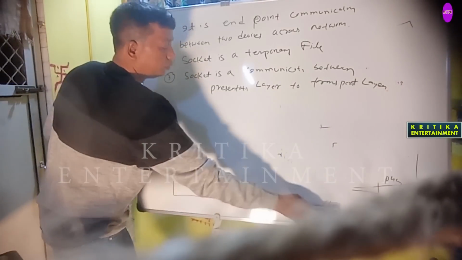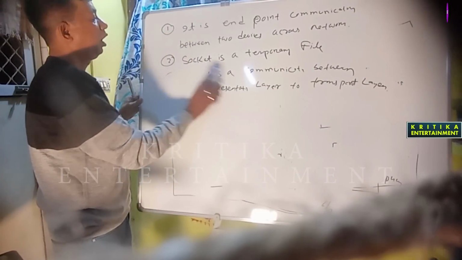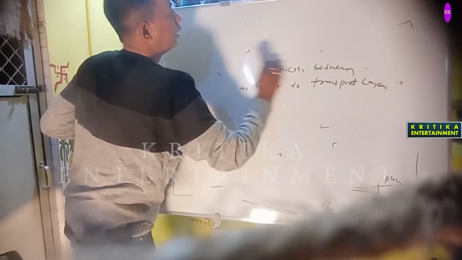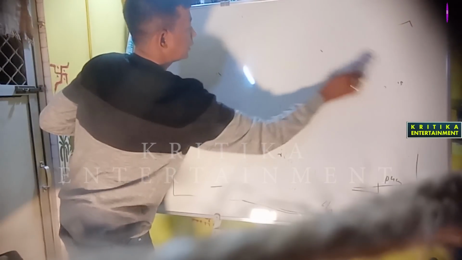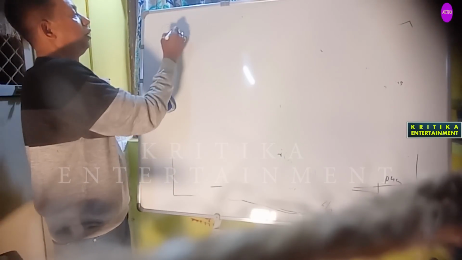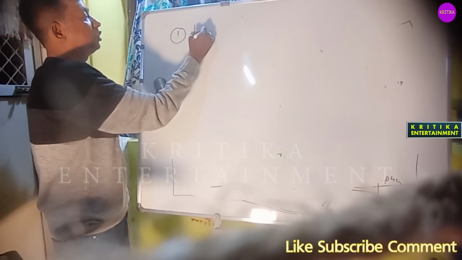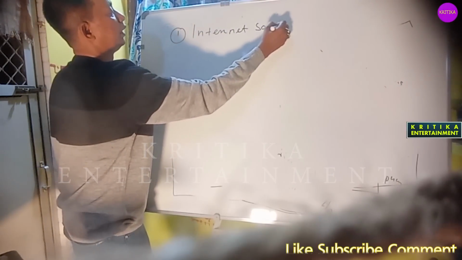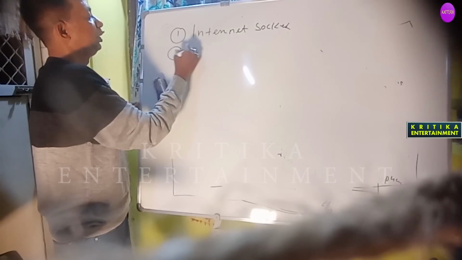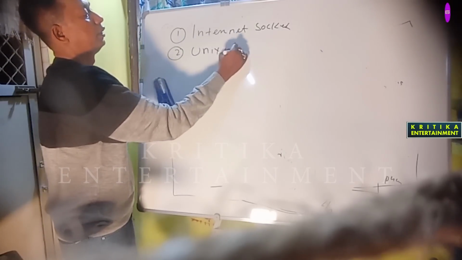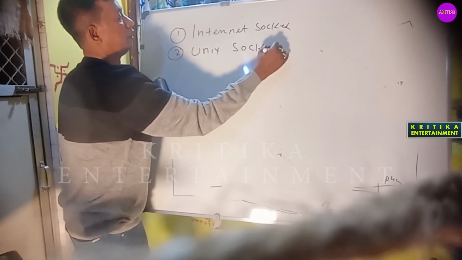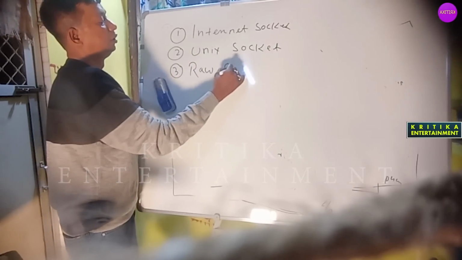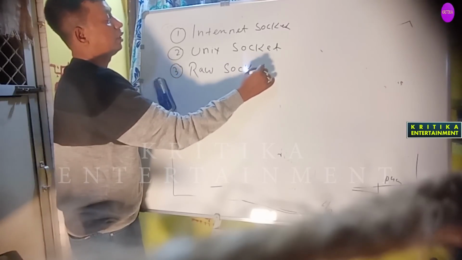Next, how many types of sockets are there? There are three types of sockets. First is the internet socket, second is the Unix socket, and third is the raw socket.